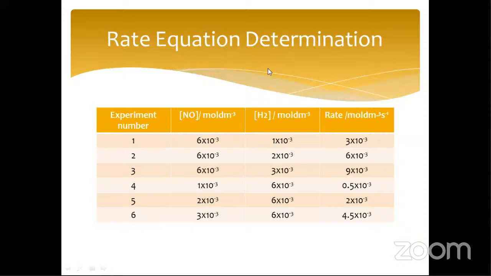All right. So experiments 1, 2, and 3, nitrogen monoxide concentration is constant and the hydrogen concentration is being changed. So here we're going to compare experiment 1 and 2. When I divide 2 times 10 to the minus 3 by 1 times 10 to the minus 3, I get 2 as my answer.